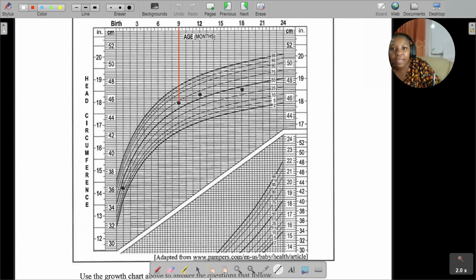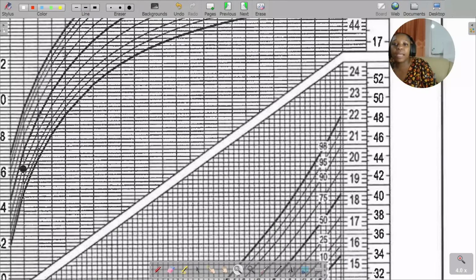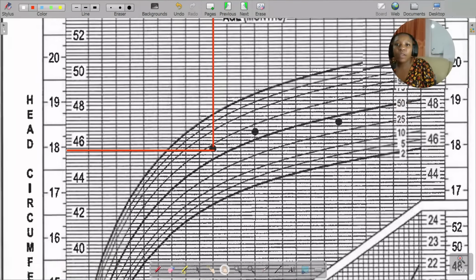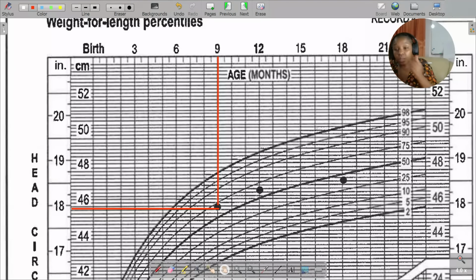Go from the 9 months to the point there, and then we need to read off the head circumference on the y-axis. Okay, so if you make this a bit bigger, we can see the boy's head circumference at 9 months.